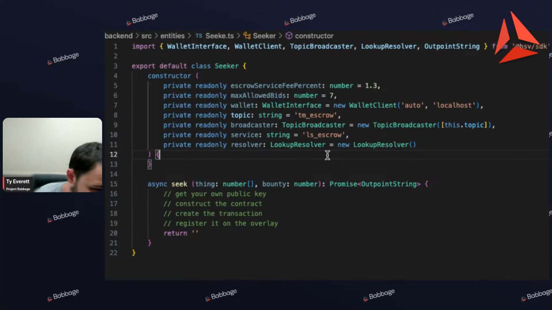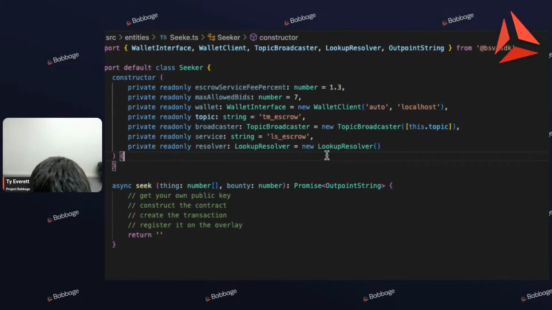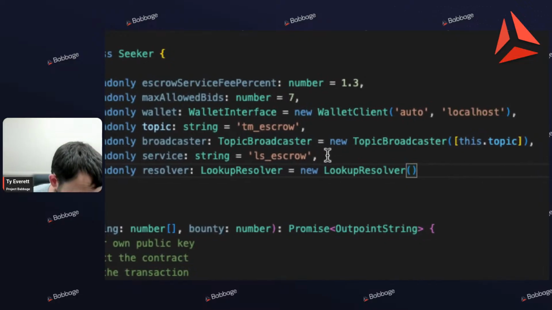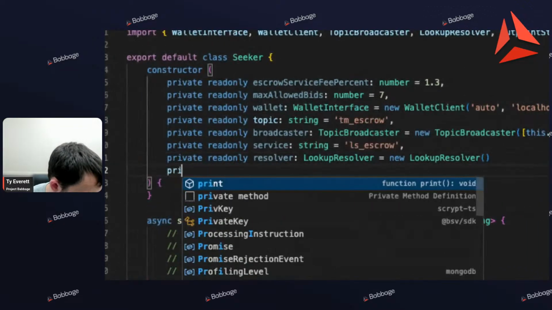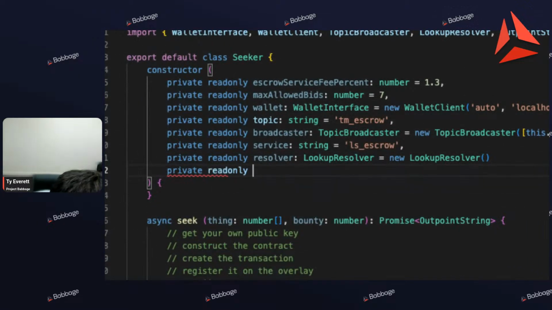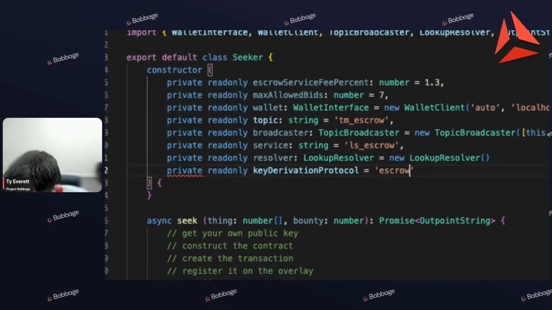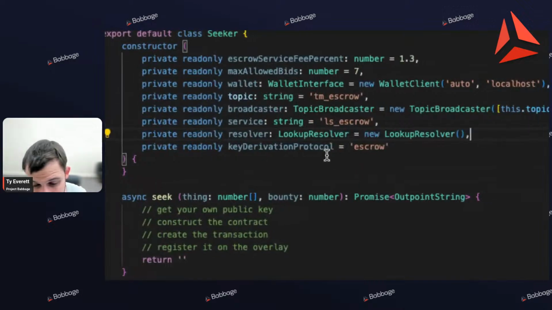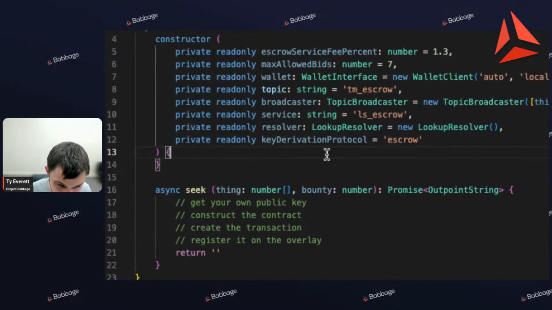Okay, so there are some other parameters here that we're going to need pretty quickly. Like we're going to need to know what protocol. Once again, it's just going to be escrow, but that's important because we need to make sure that we are able to configure that.